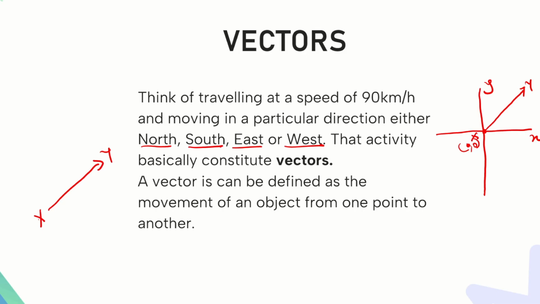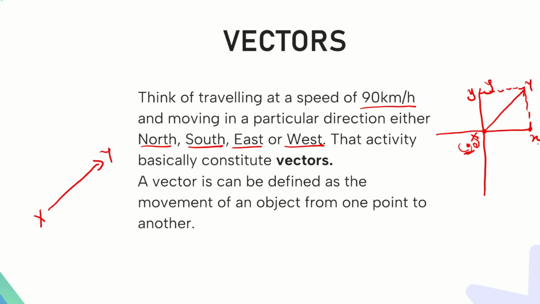Our movement is along the x coordinates up to this side, and then on the y coordinates it moves up here. So this is our vector. Our vector moves from the origin 0, 0 towards y.